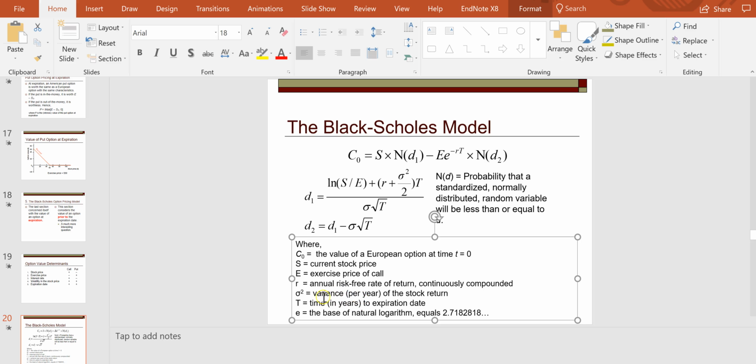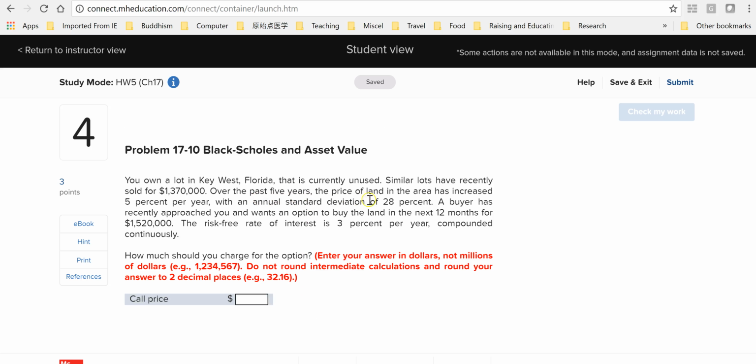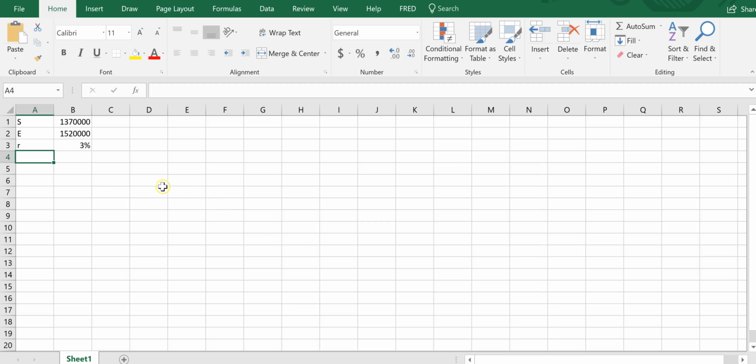Sigma squared is the variance of the appreciation rate of the land value in our example, so sigma is the standard deviation of that. Over the past 5 years, price has increased 5% per year with an annual standard deviation of 28%. So sigma is 28%.